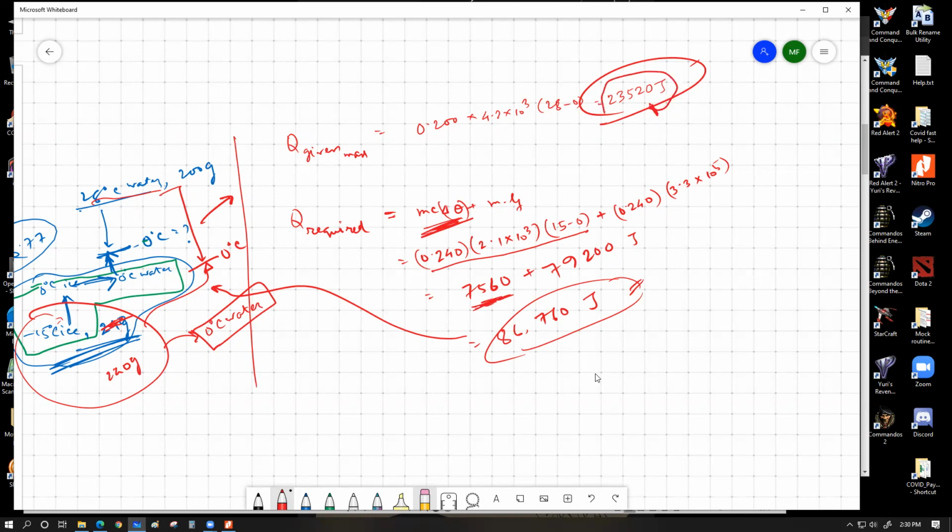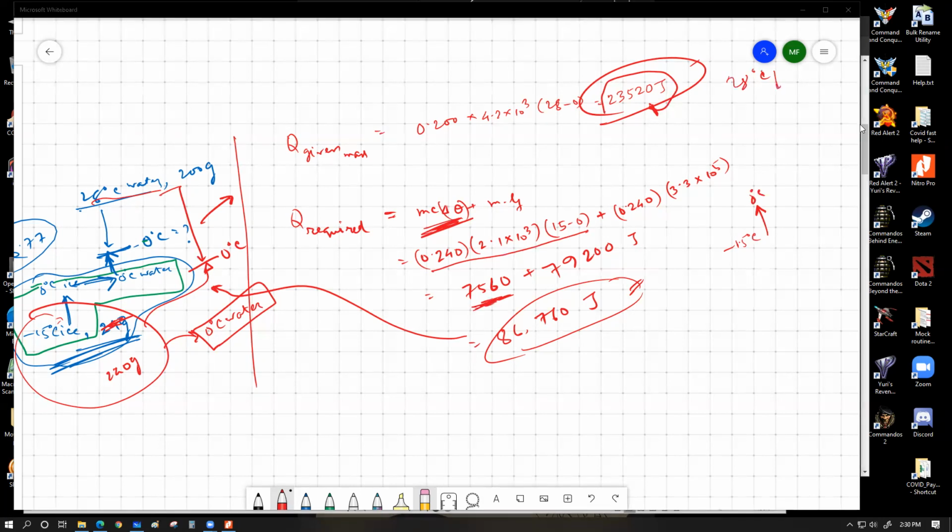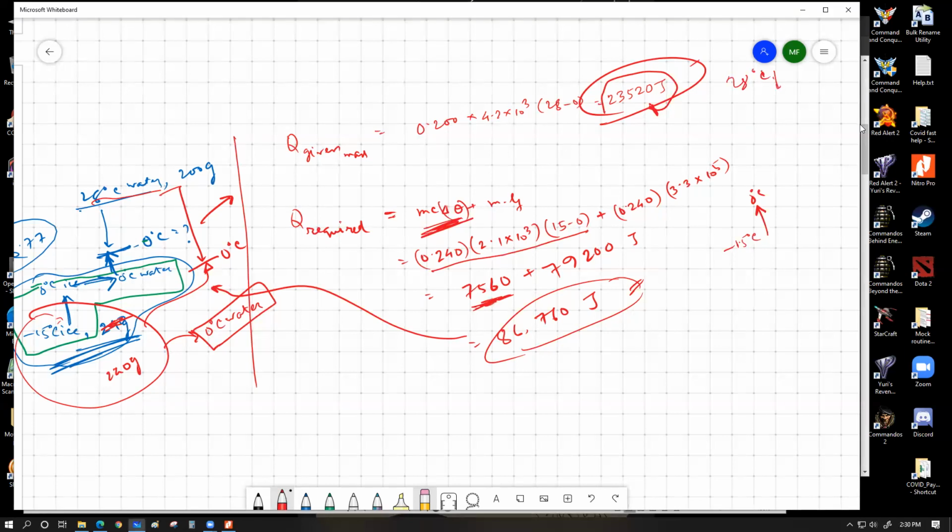So the temperature of the hot water is going to drop from 20 degrees Celsius, and the temperature of the -15 degrees Celsius ice is also going to rise. So that's going to happen. The ice is going to reach 0 degrees Celsius without any trouble because it can receive that amount of heat energy from the warm water, and the water temperature is going to drop somehow.